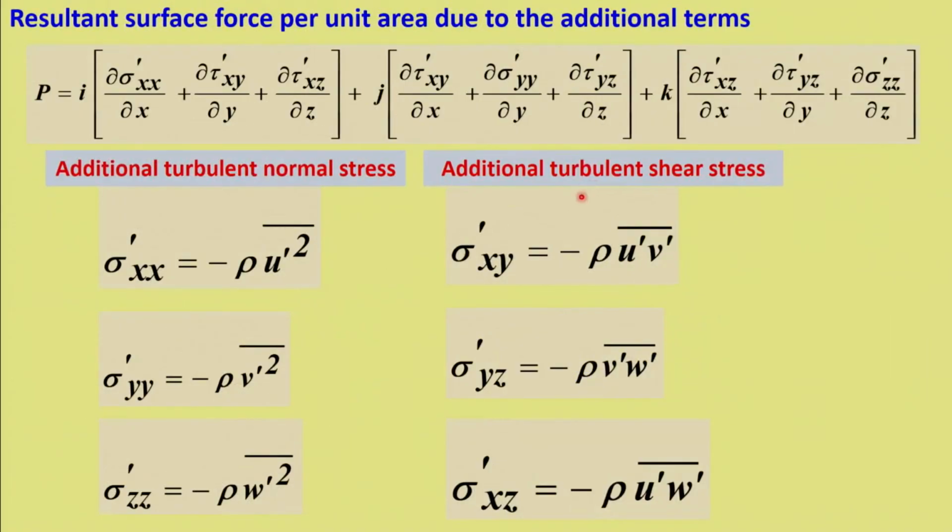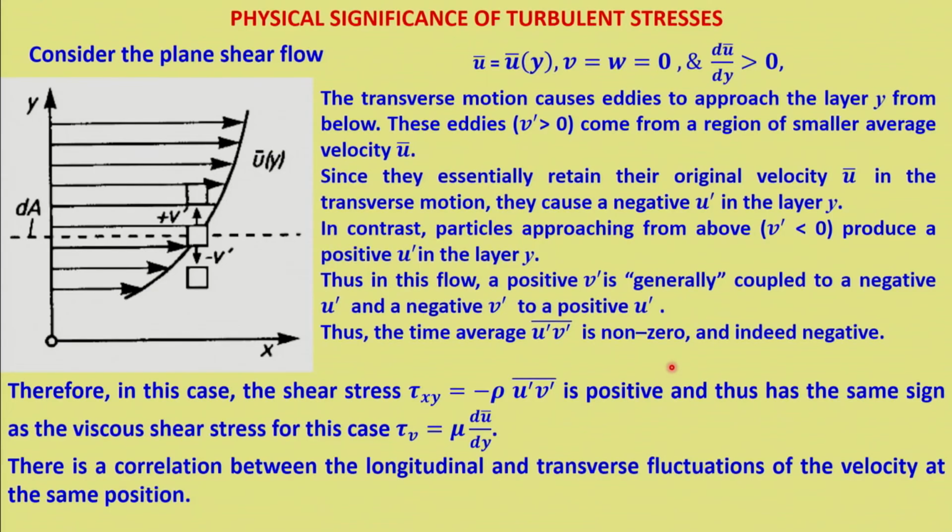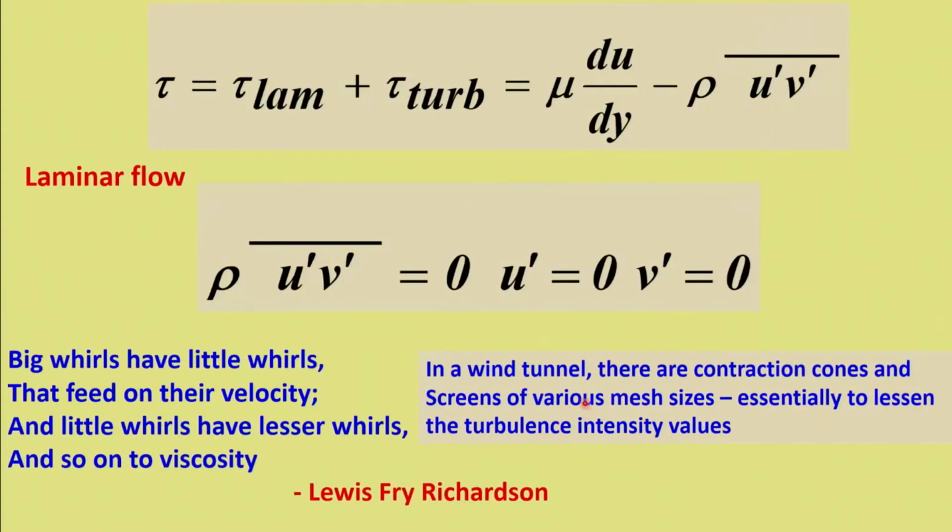These additional stresses are normal stresses and the turbulent shear stresses. These shear stresses are called Reynolds stresses, and although we have put a negative sign, they are going to be positive, because negative u prime results in positive v prime and positive u prime results in negative v prime. So tau can be deemed as tau laminar plus tau turbulent, that is mu del u by del y minus rho u prime v prime.